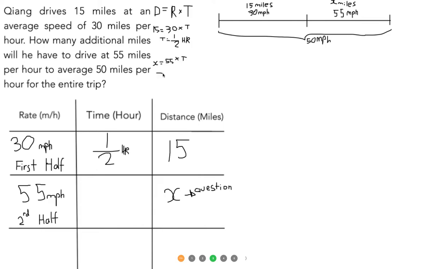And so solving for t, we get x over 55. So in the time column we can put x over 55 hours.